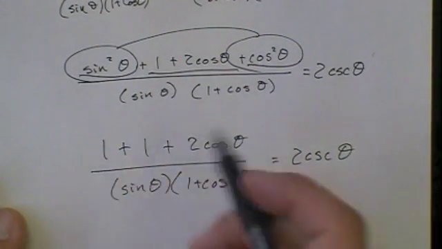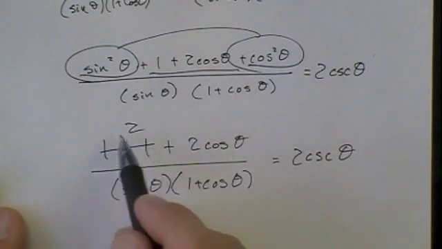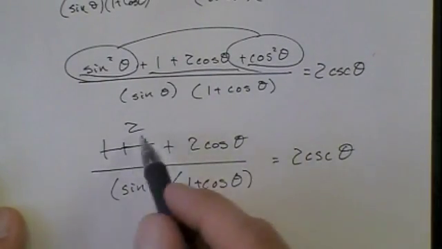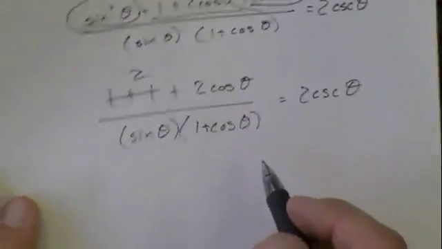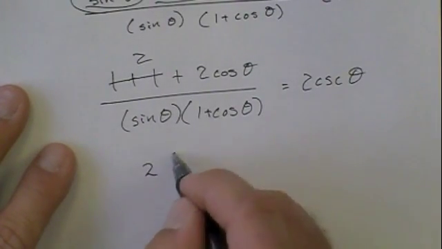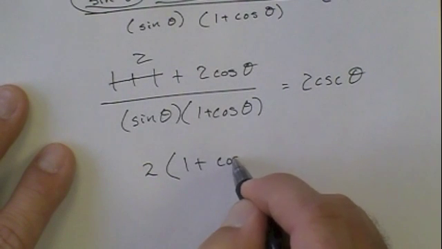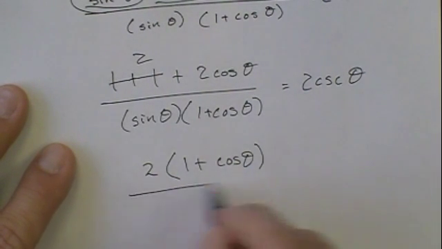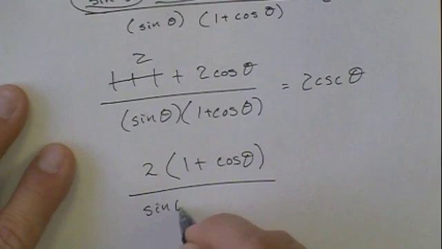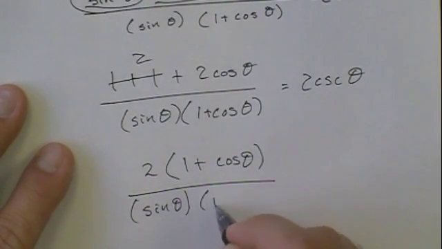Now 1 plus 1 is 2, so now we have 2 plus 2 cosine theta. I can factor a 2 out of that. As I write that, we have 2 times the quantity 1 plus cosine of theta, all over sine of theta times 1 plus cosine of theta.